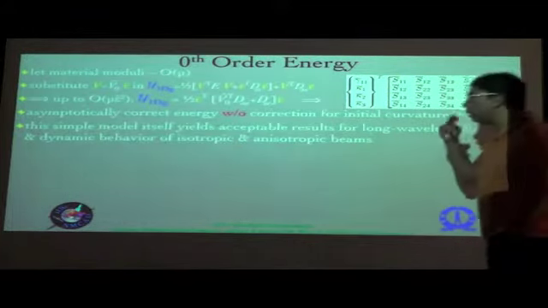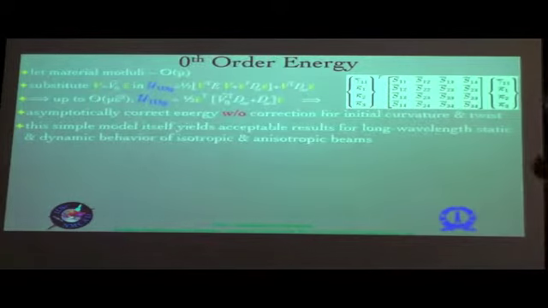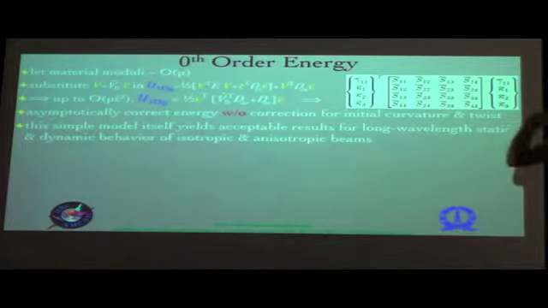Now this simple model itself yields acceptable results, even without the initial curvature and twist corrections. It has been demonstrated in a lot of examples with comparison to both 3D finite element analysis as well as a lot of experimental results with composite beams in general.